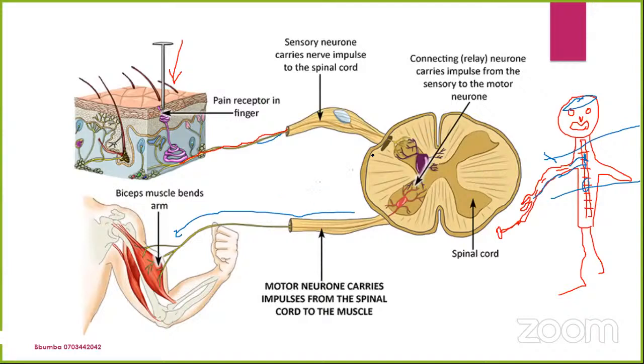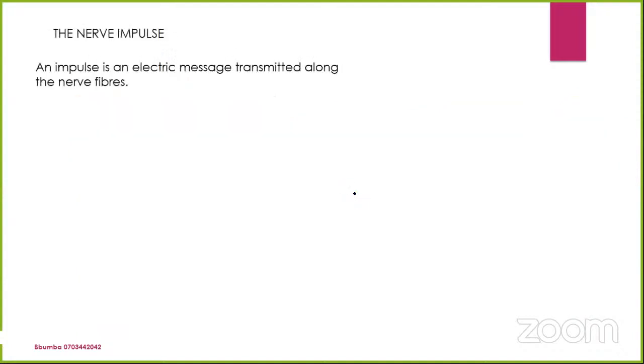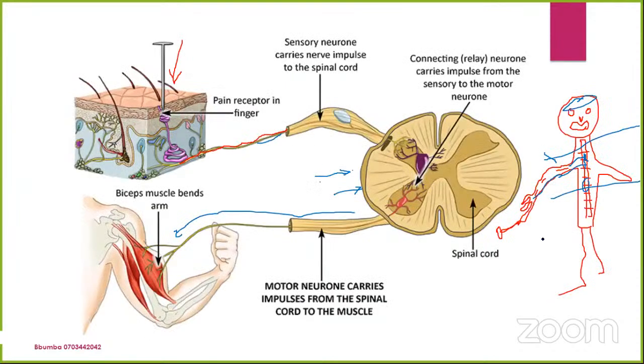Okay, and you should be able to label the structure of the transverse section through the spinal cord, as we shall see slowly as time goes by. Now, we are going to look at how the nerve impulse travels, because I cannot tell you that some of you are not very tall.